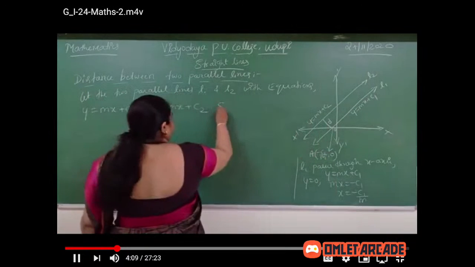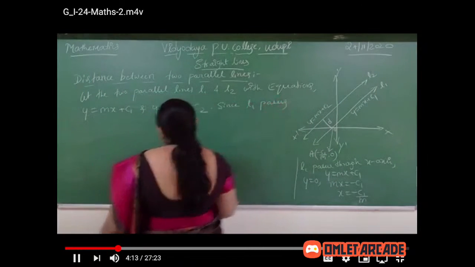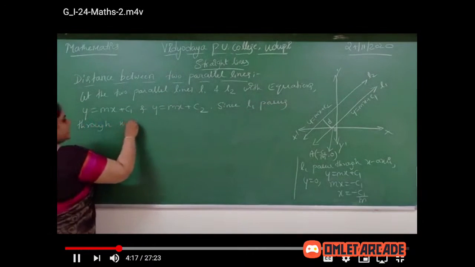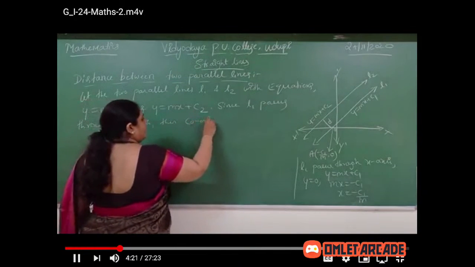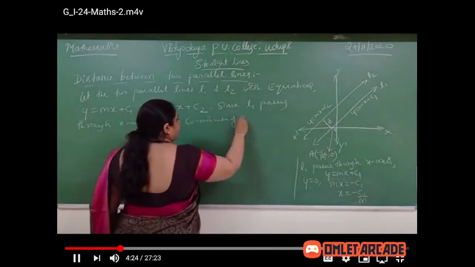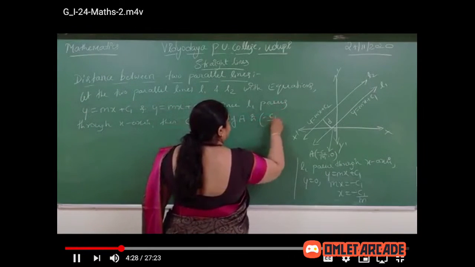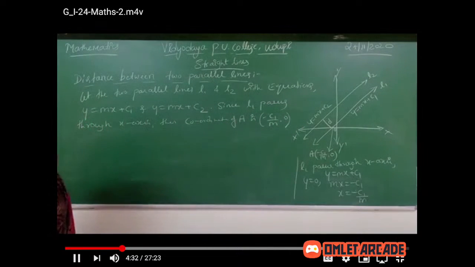So, since L1 passes through the x-axis, the coordinate of A is minus c1 by m comma 0. Is it fine? Minus c1 by m comma 0.